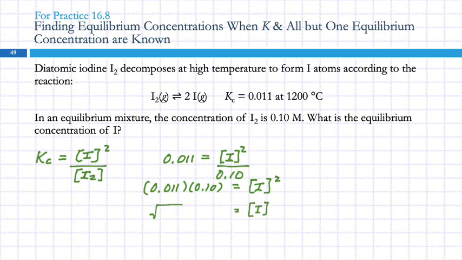This is going to be the square root of 0.011 times 0.10. Looks like we've got two sig figs, so I'm going to write down.